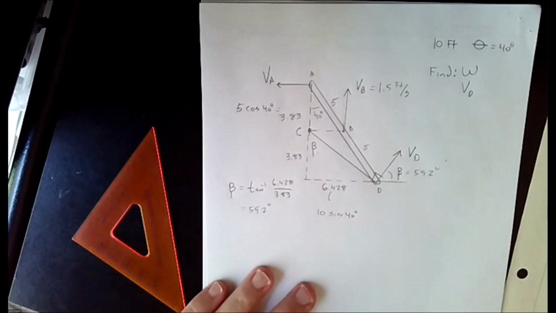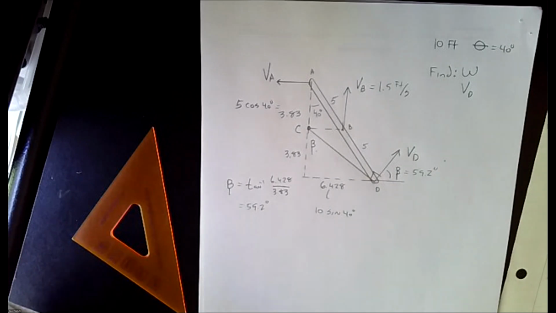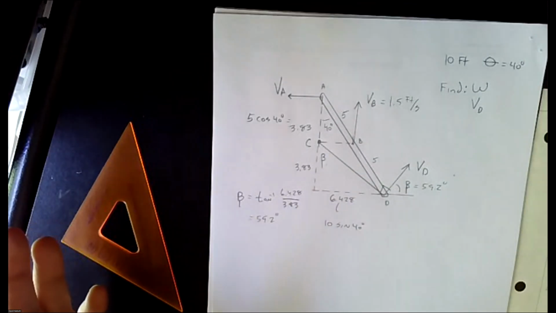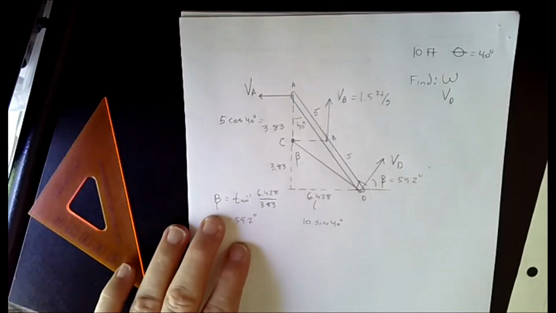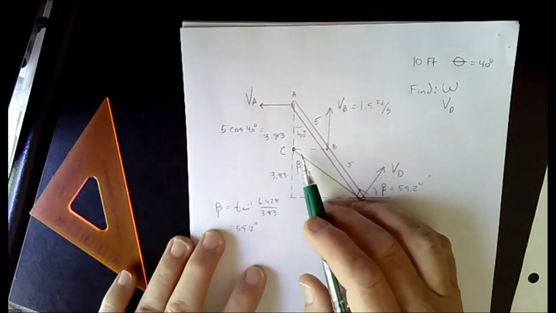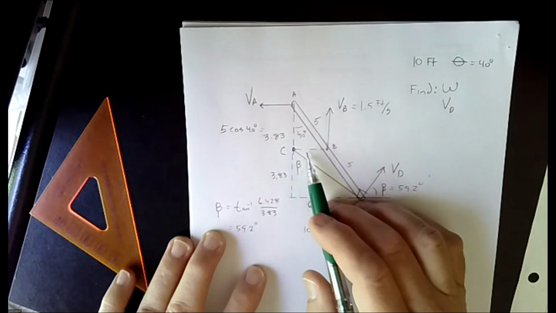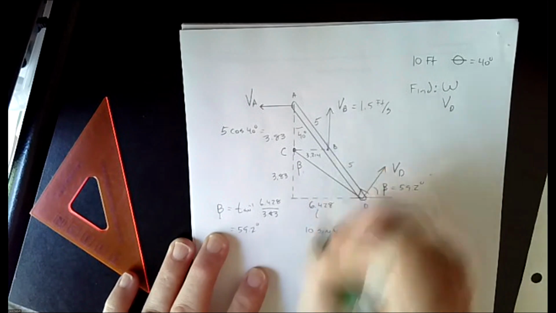So now, backing up, we have CB. That distance to there, we can find using sine also, and that's 3.214.